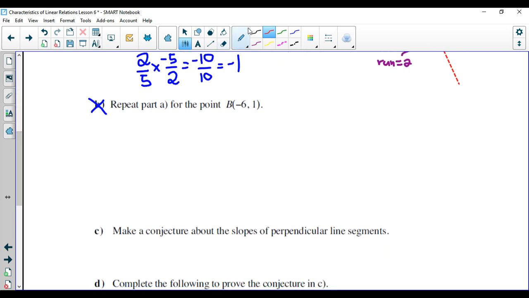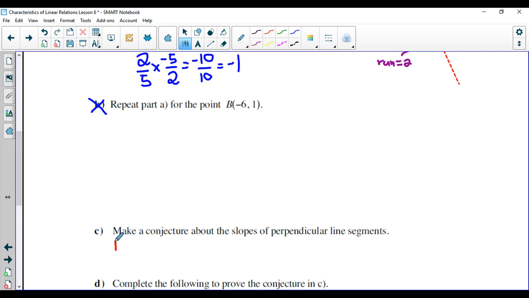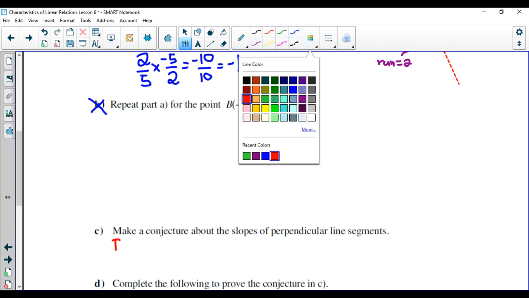Okay, so for part C, it says make a conjecture about the actual slopes. Okay, so what I can say here is that, let's do this in blue.